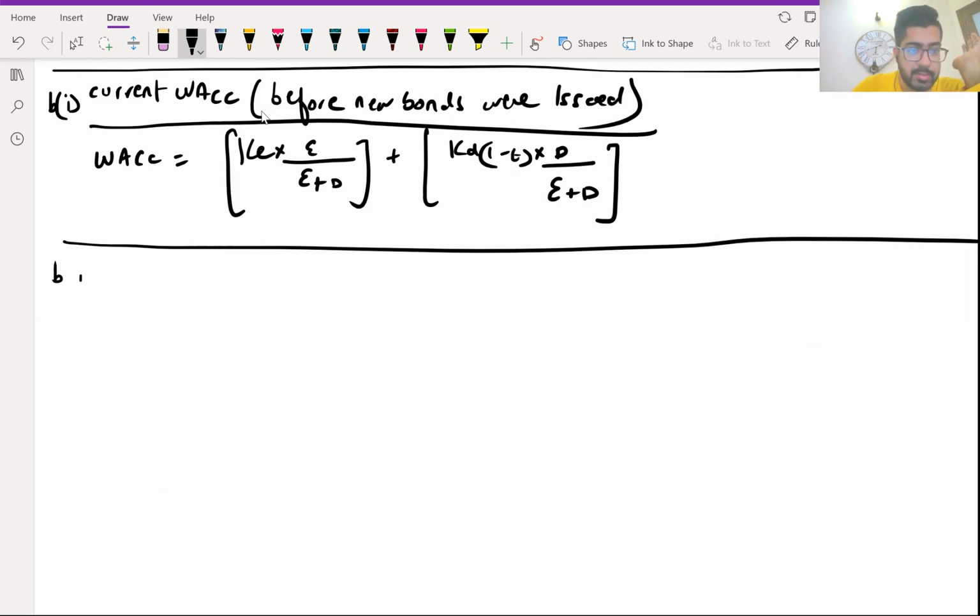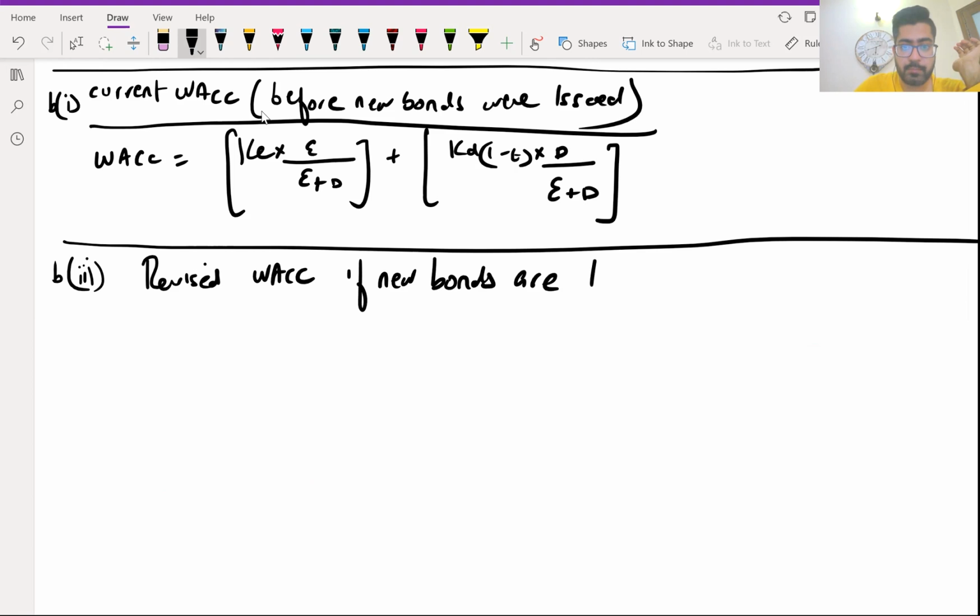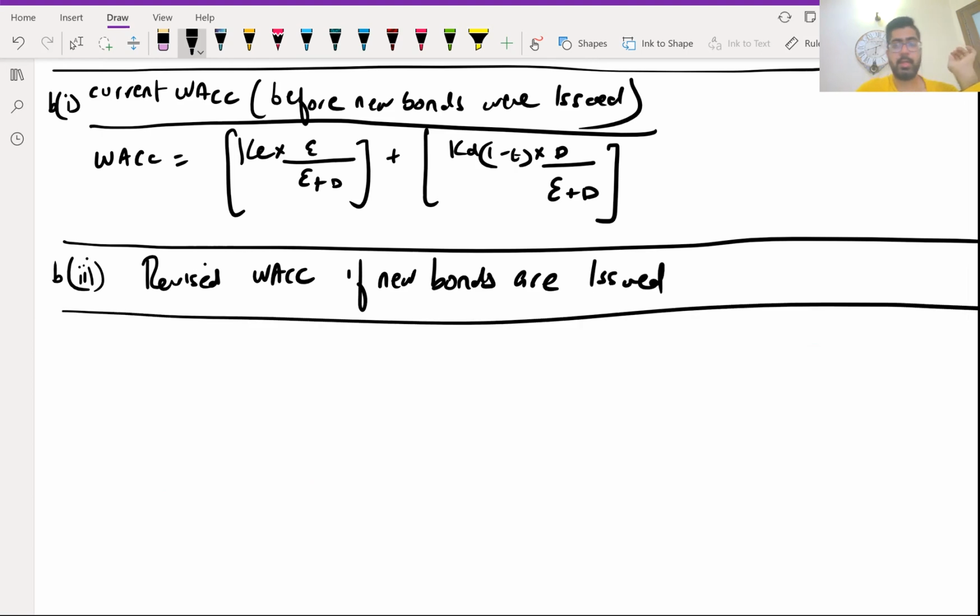Now B3 asks for the revised cost of equity and revised WACC if new bonds are issued. Now I want to find a revised WACC, new WACC, if new bonds are issued. What would be the WACC equation?